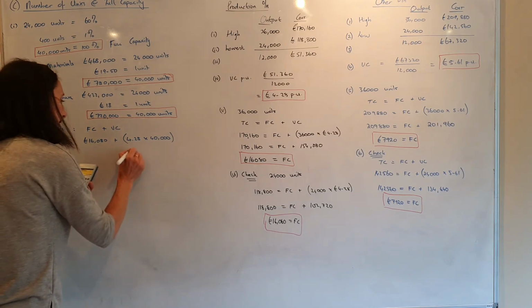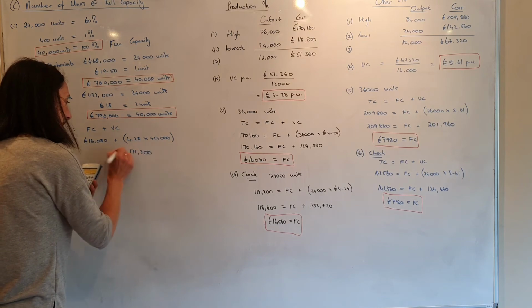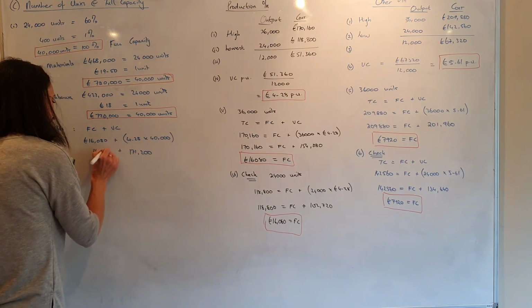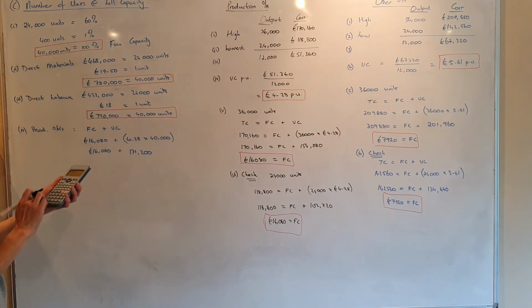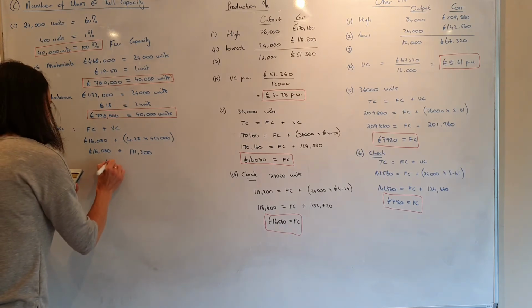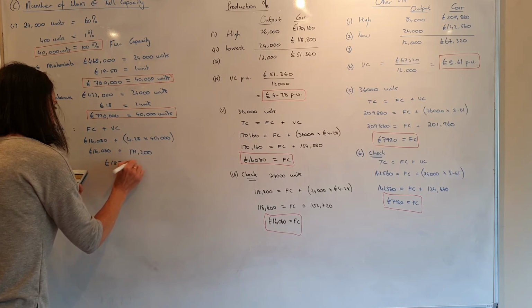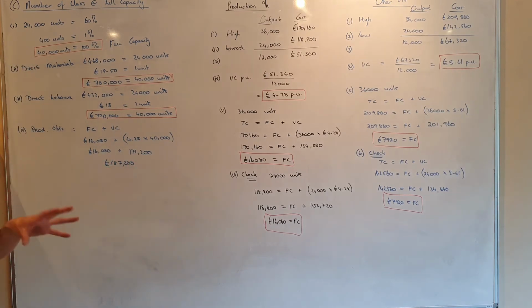So that's 171,200 plus the 16,080. So my total production overheads is 187,280.